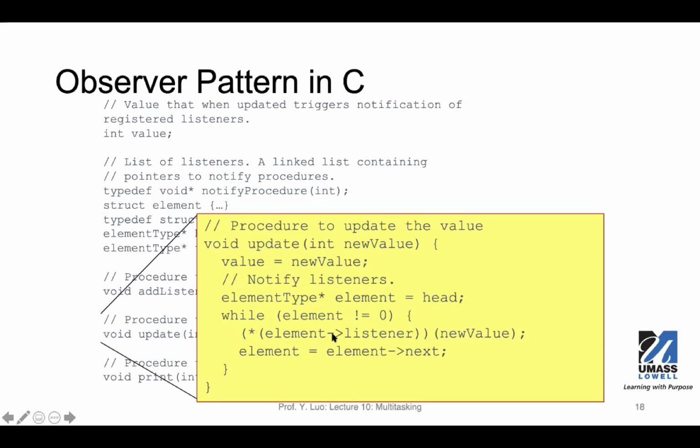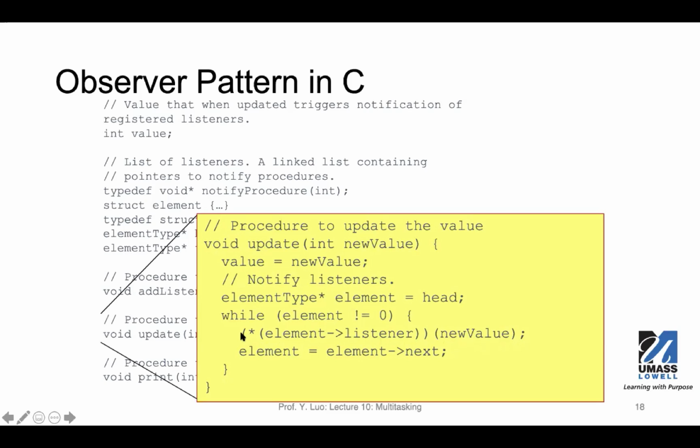Now, this is how we use the function pointers if you have never done this before. Because element arrow listener, this is a function pointer. And when you use this syntax, you are basically calling this function. You are referring to this function, and you add this parenthesis because the next thing you want to do is to pass in this value as the argument to this function, which is pointed to by this listener.